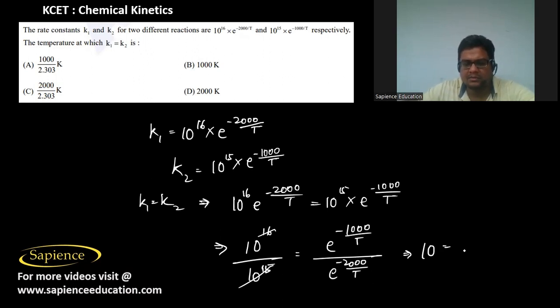So 10 will be equal to e power 2000 by T minus 1000 by T. It means it will be 1000 by T. It means that 10 is equal to e power 1000 by T.